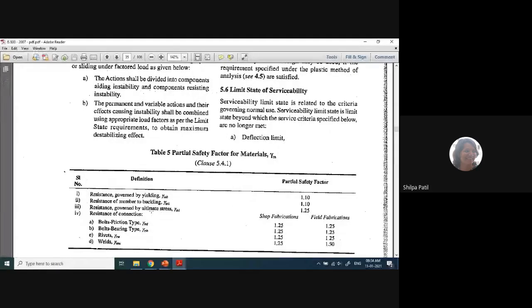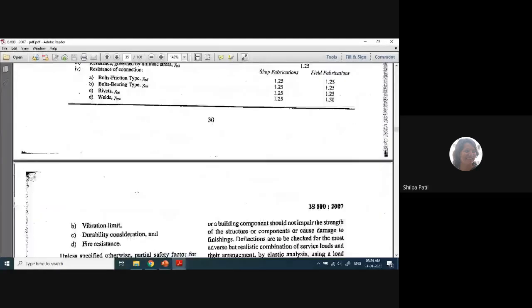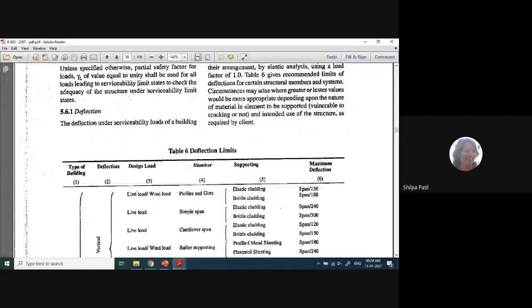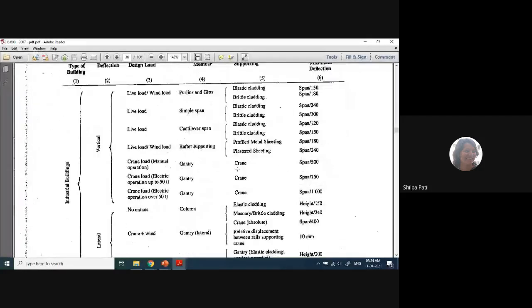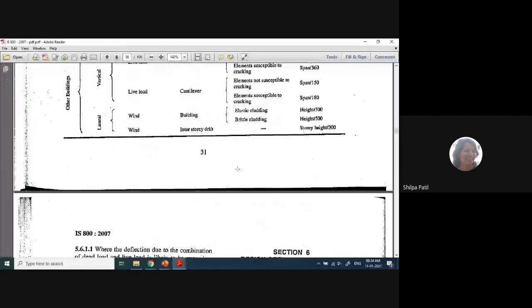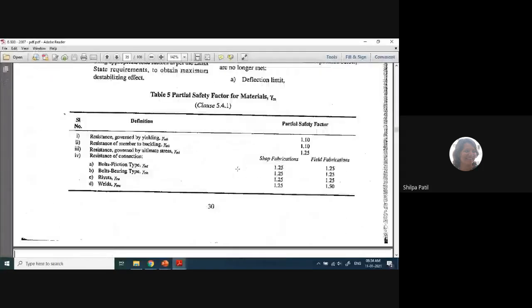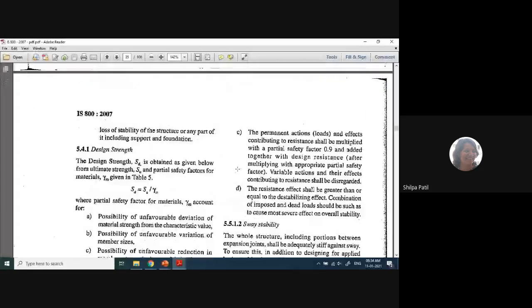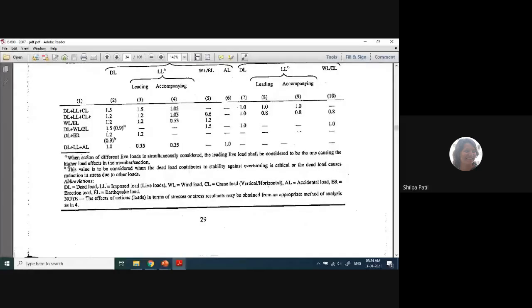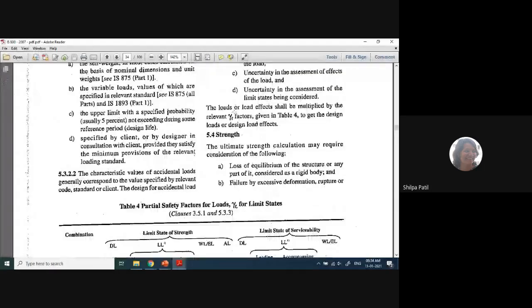All these tables are required. You have to understand what values are given in the table. Deflection limits, this table is also required. I will stop here because up to now I have included all these tables in my next presentation or next slides also.